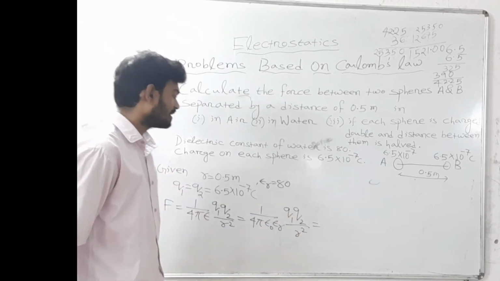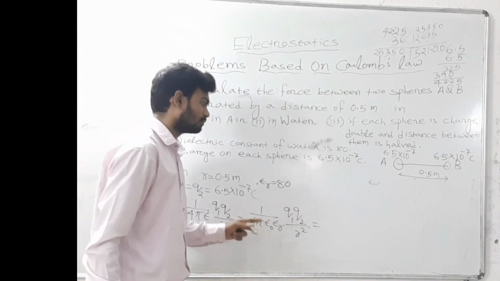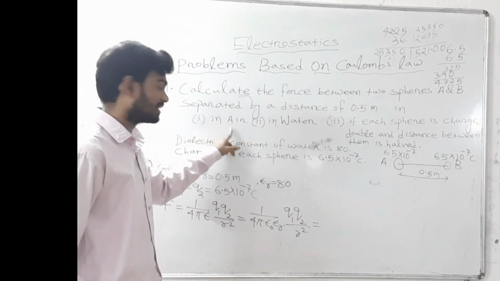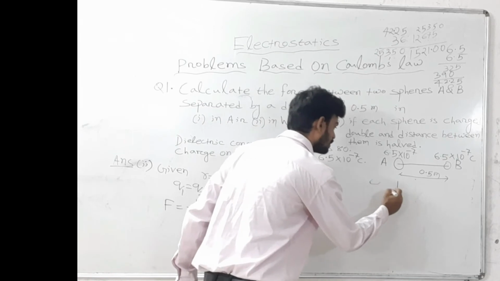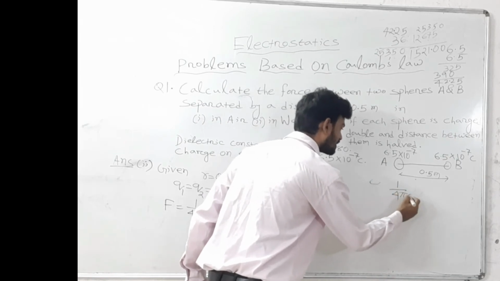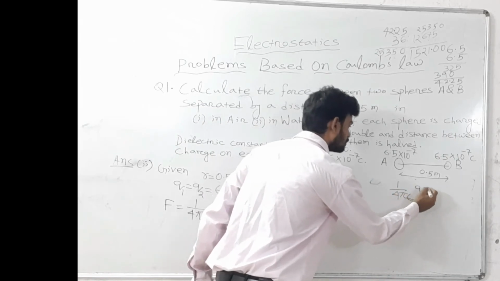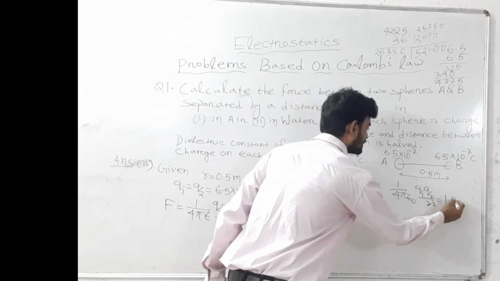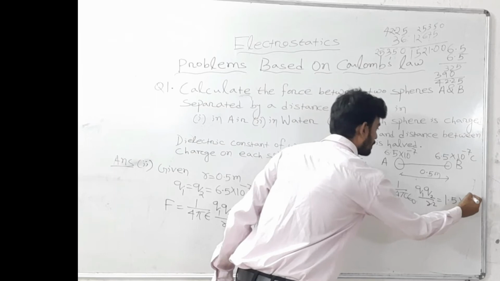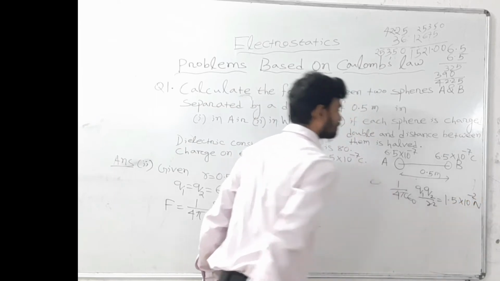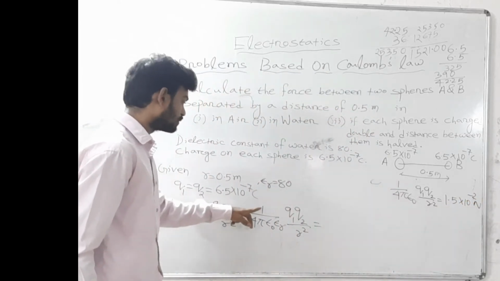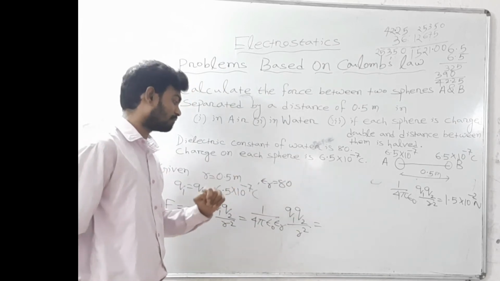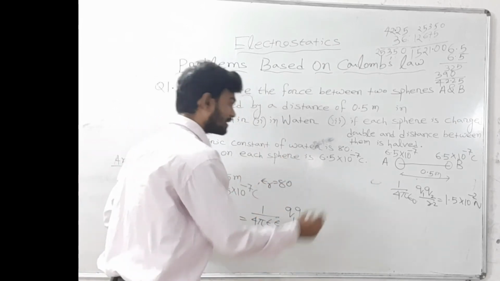In the previous first question, in air medium, we already found 1 by 4 pi epsilon naught Q1 Q2 divided by R square as 1.5 into 10 to the power minus 2 Newton.